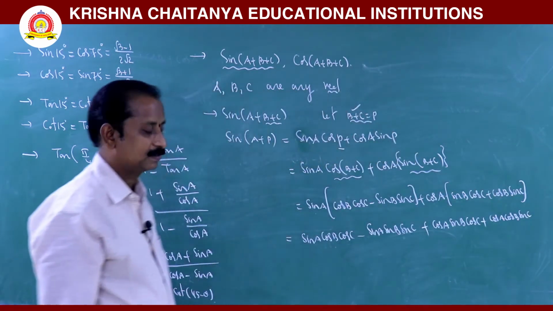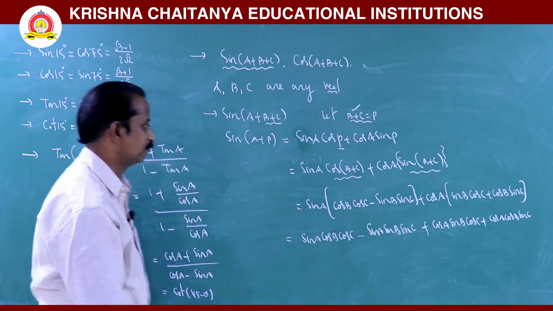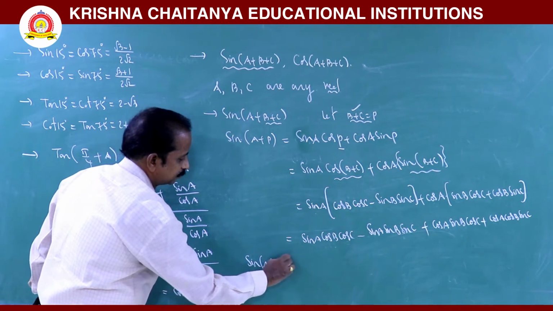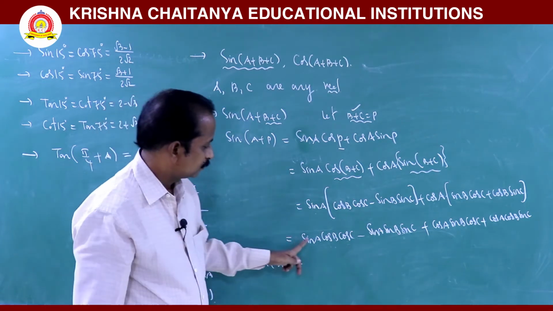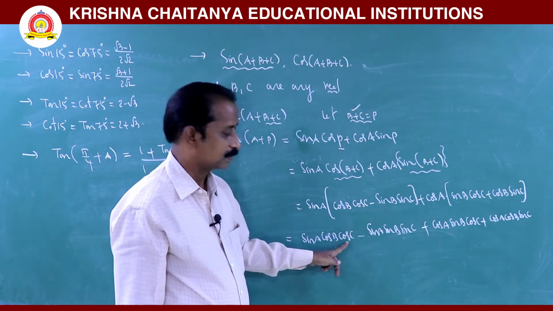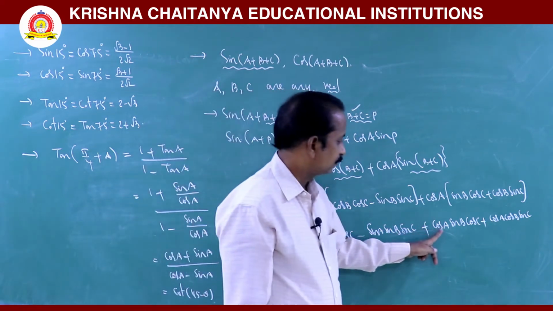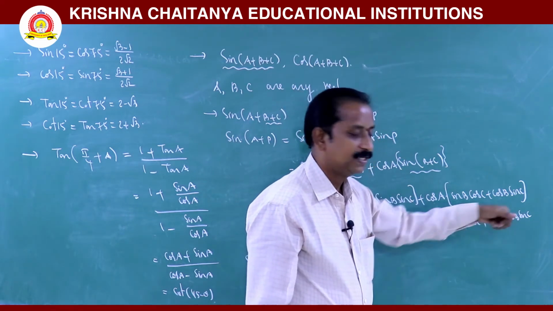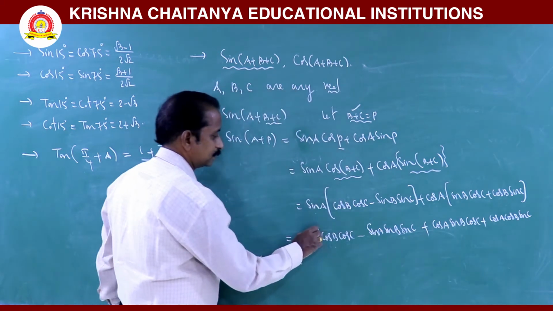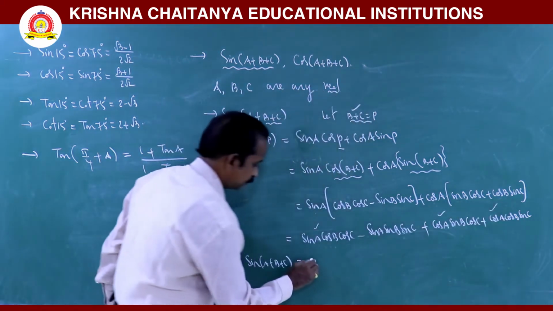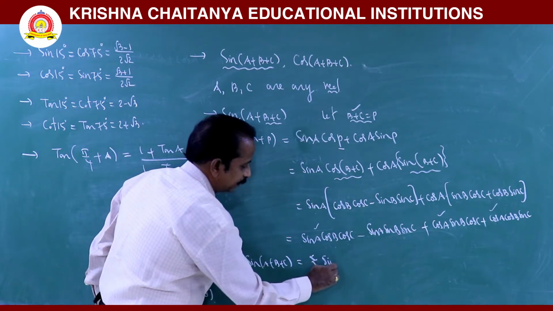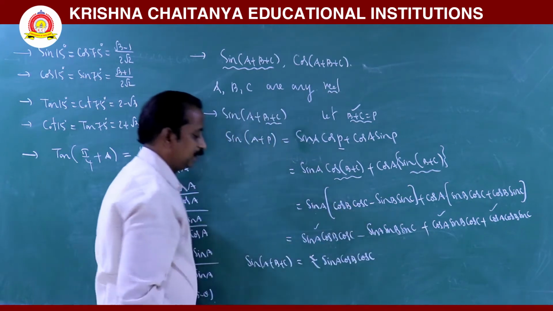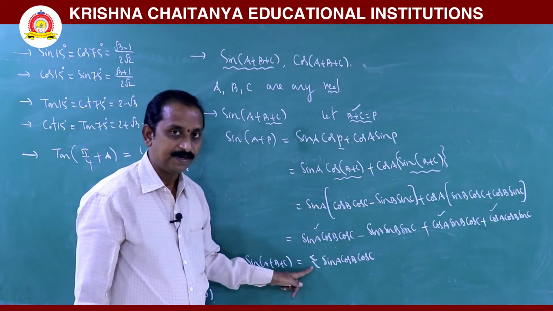We can write this total in a simple form. Sin of (A plus B plus C) is equal to sin A cos B cos C plus cos A sin B cos C plus cos A cos B sin C, minus sin A sin B sin C. We can write these three terms as sigma of sin A into cos B into cos C. Here sigma indicates summation.